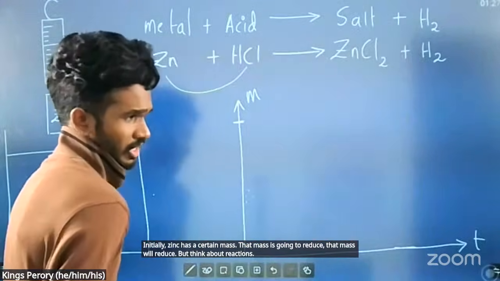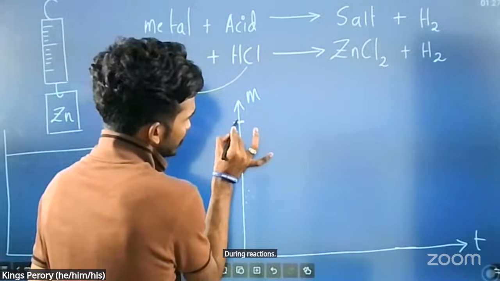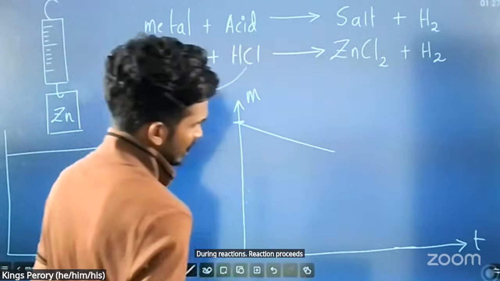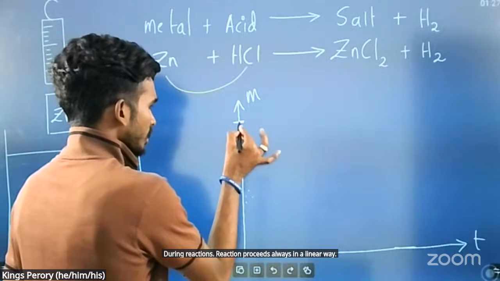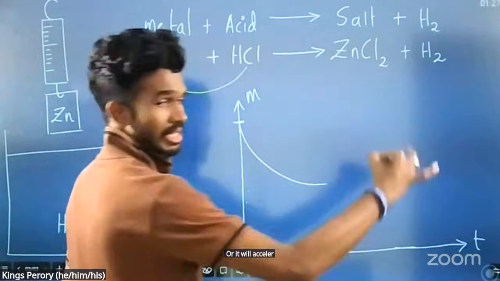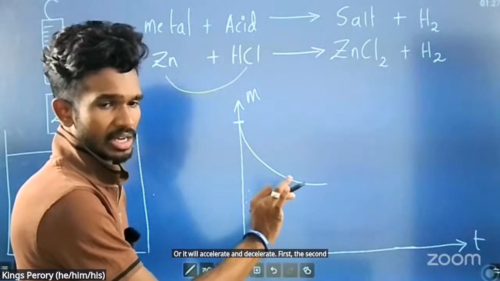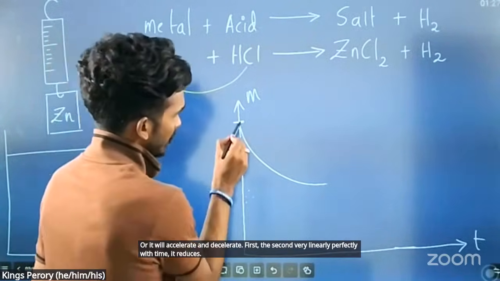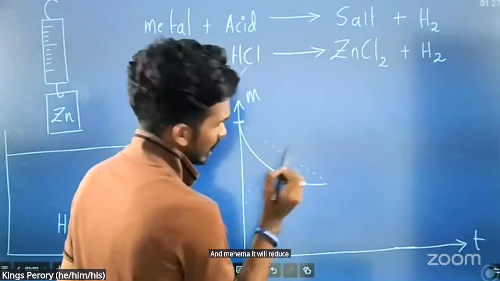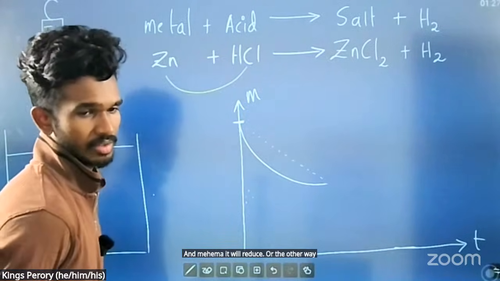During reactions, does the reaction proceed always in a linear way, or does it accelerate and decelerate? First or the second? Very linearly, perfectly with time it reduces, or the other way?